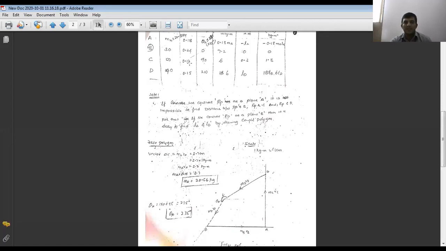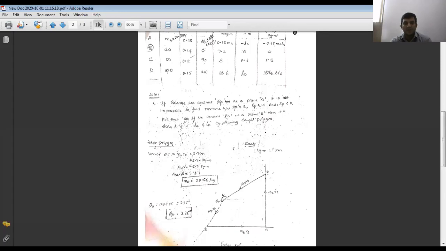Similarly, go for the second one. Mass C, MC. We know both magnitude and orientation. Magnitude is 6 kg meter. Orientation is 90 degree. From point A, draw a 90 degree line, parallel to what we drew in the space diagram or angular position. On the 90 degree line, measure 6 kg meter, nothing but 6 centimeter.